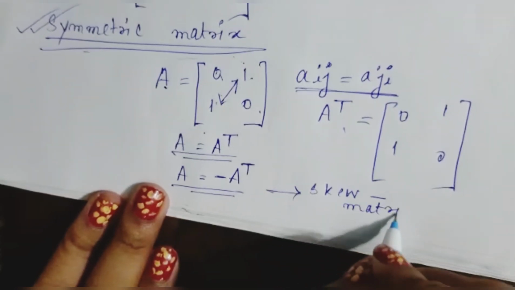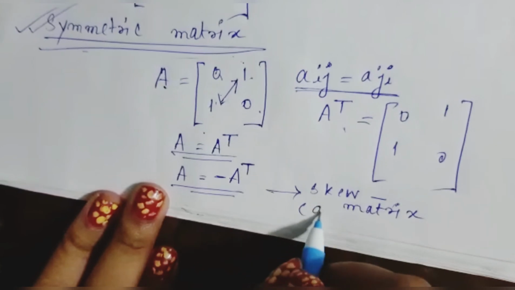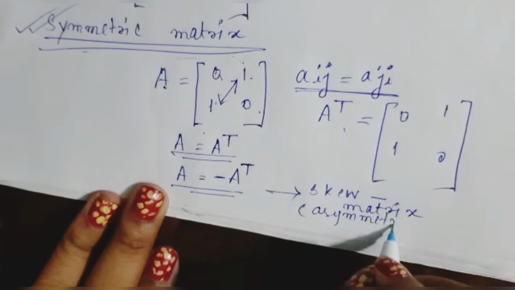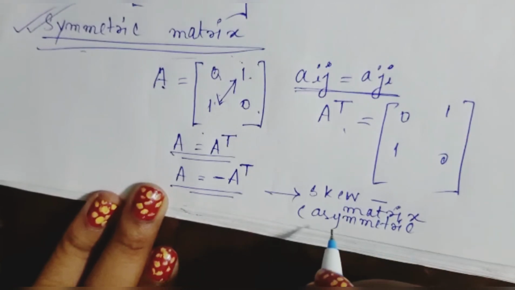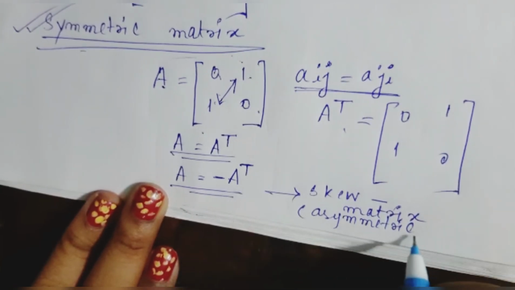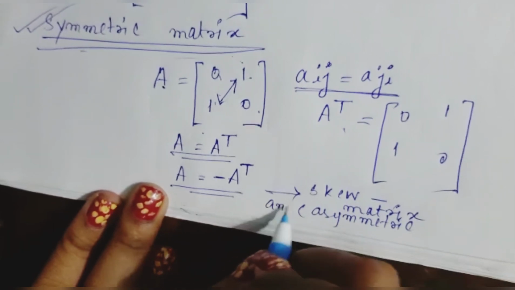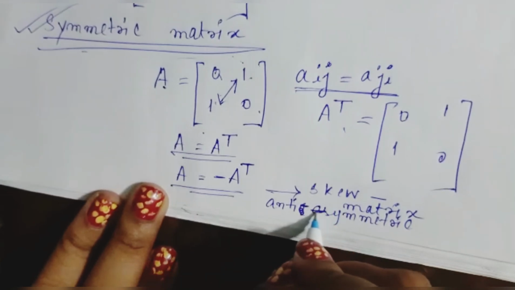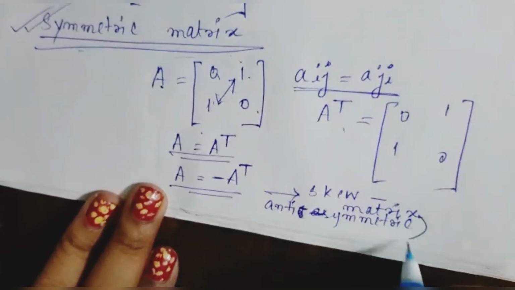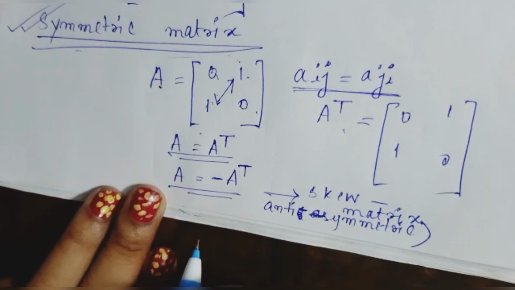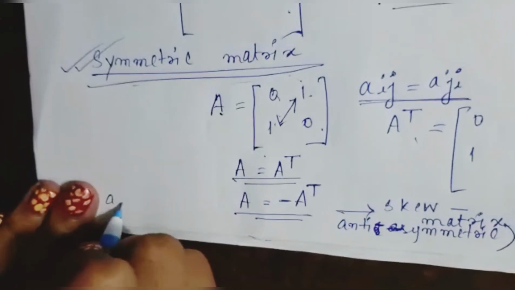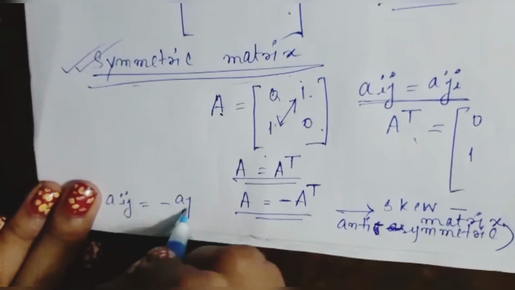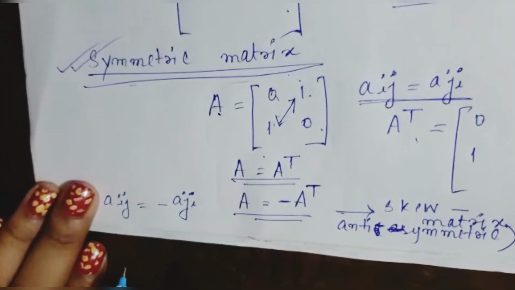Okay, skew matrix, or you can say anti-symmetric matrix. Okay, that means your Aij equals negative of Aji.